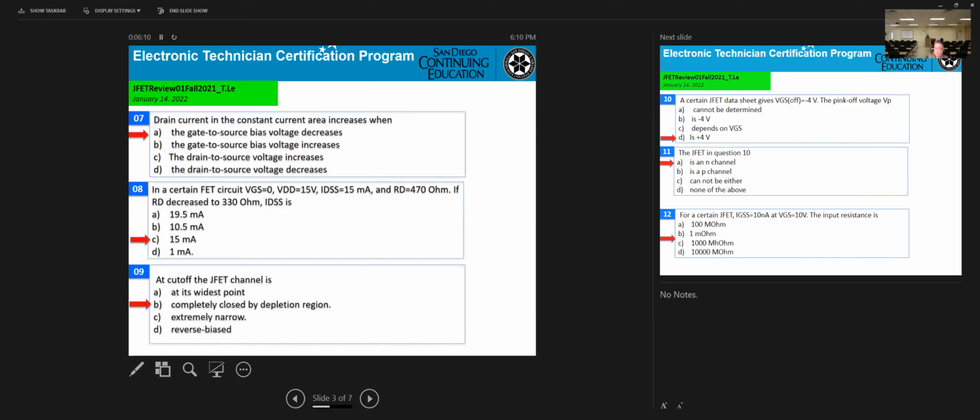The thing is why I said it does not affect the ID. How come you know that it's 15 milliamps? I understand they equal IDSS. How? Who can tell me?